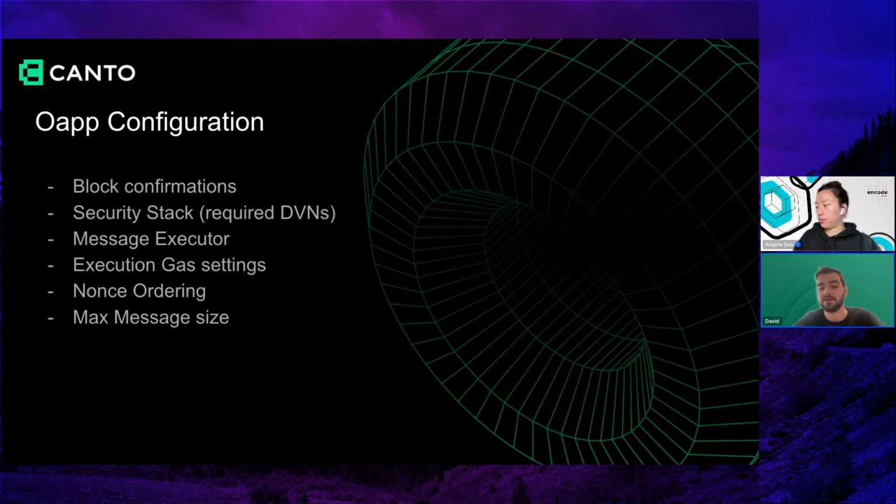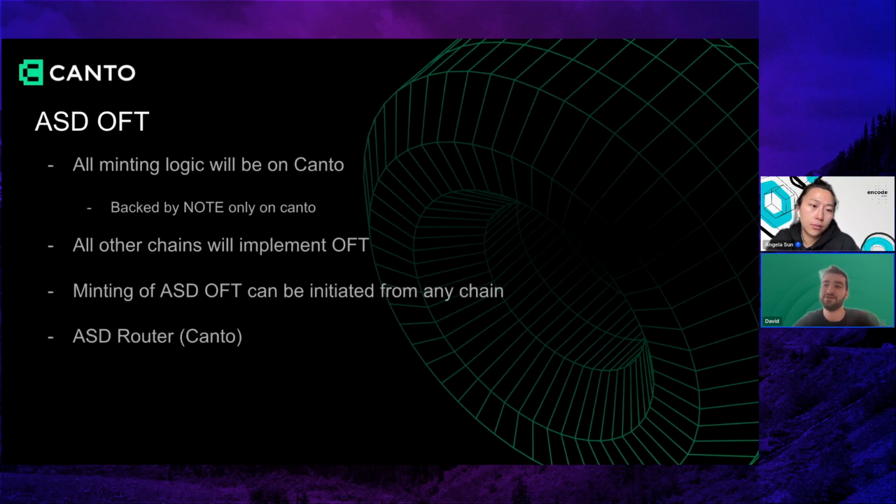So we're going to use these custom configurations and these LayerZero features to allow ASD to become multi-chain and this note yield-bearing token, which will bring us to the next part, which is the ASD OFT. So this is just the exact same ASD that we just talked about before, but now we're also implementing it and inheriting the OFT functionality from LayerZero.